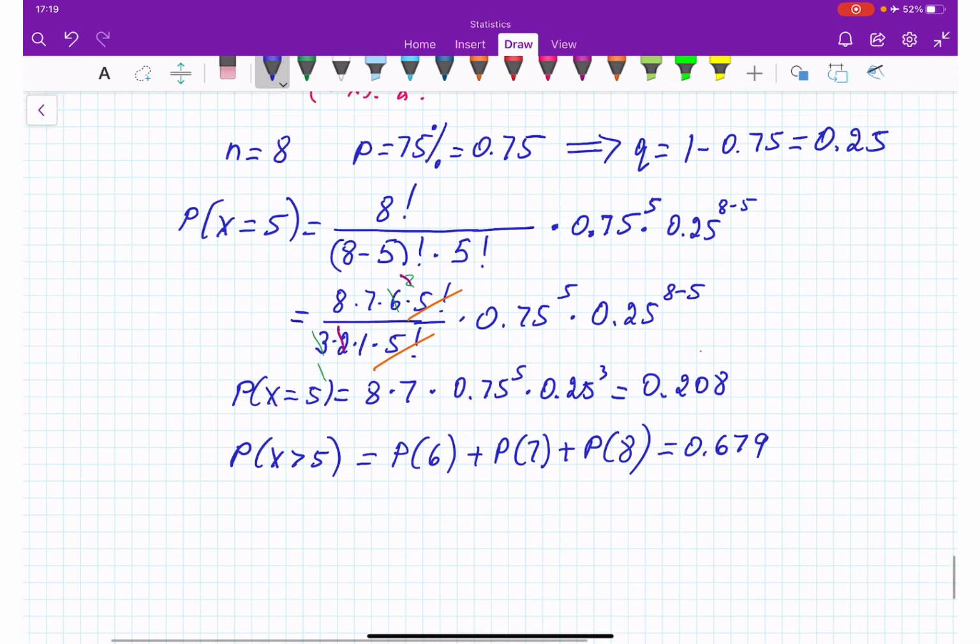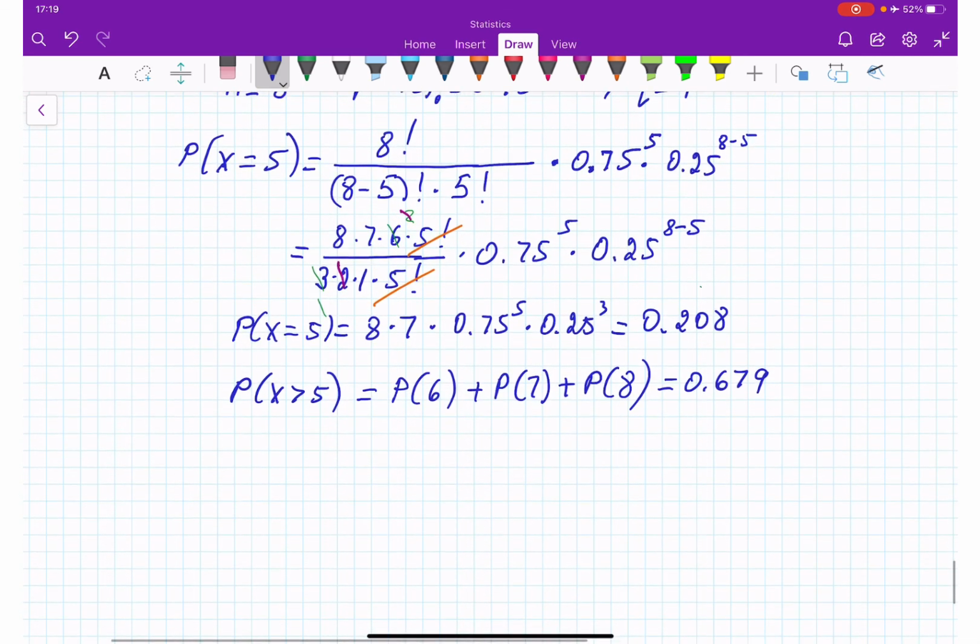And for the probability less or equal 5, where 5 is going to be included, the best way, you either can add the probability of 0 plus probability of 1, 2, 3, 4, or you go backwards by method of complement.